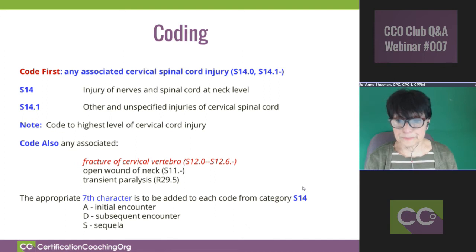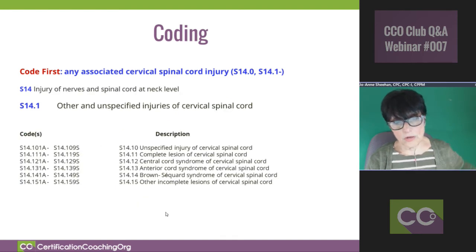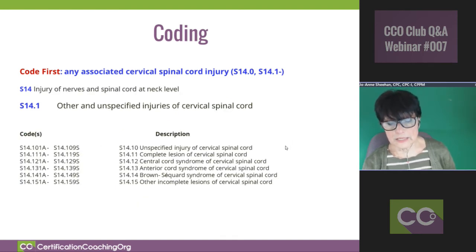But for the S14, you only have 3 options for the 7th character. One is A, initial encounter, D, subsequent, and S, sequela. And that, again, would be in your ICD-10 manual, but you would be focusing on the sequela. And these are all the codes that you can choose in this area here, from the S14.101 through 109S. So it's A initial all the way to S, and those are all in your book.